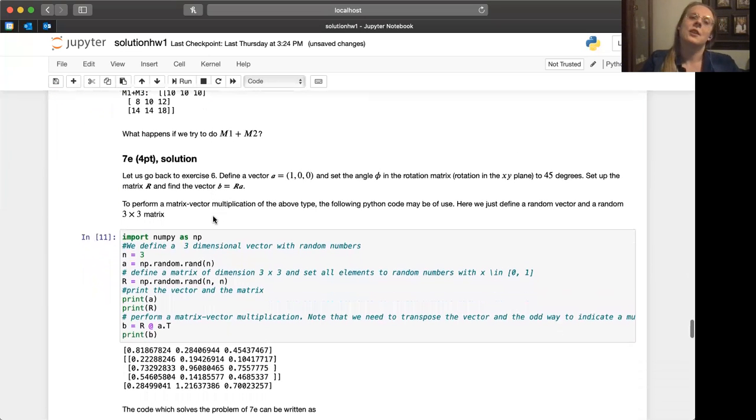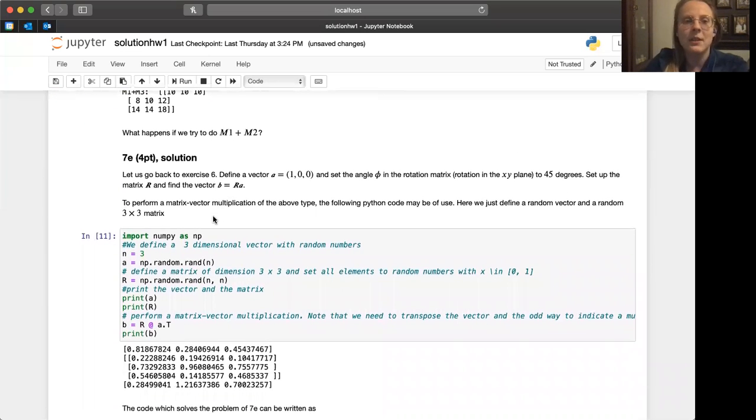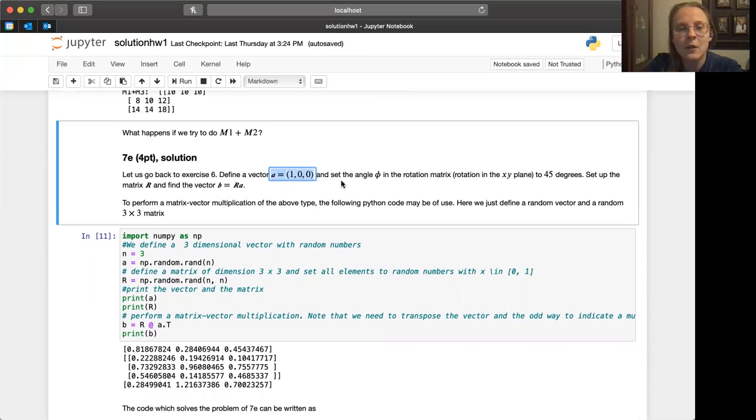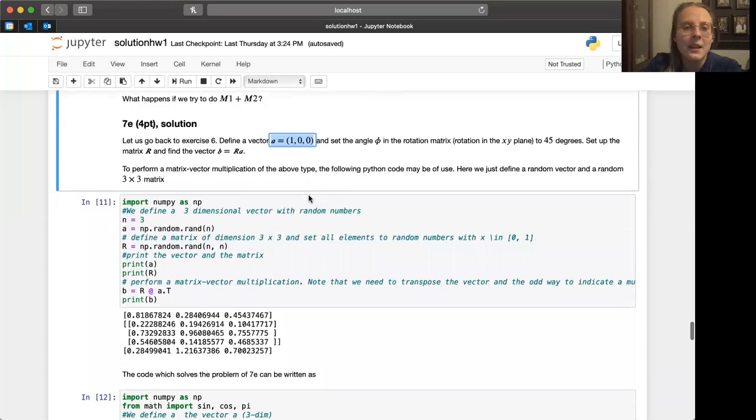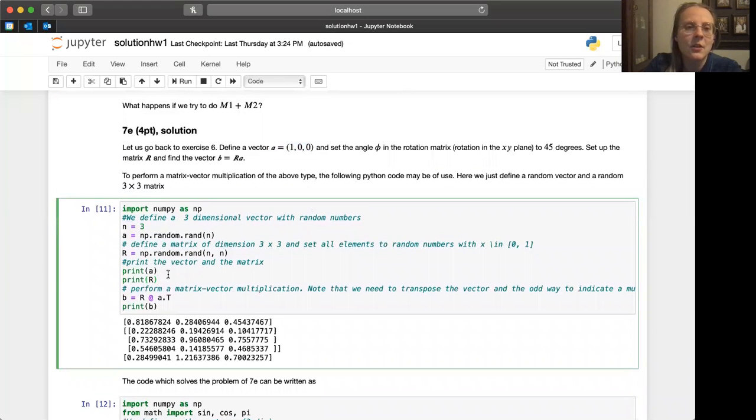So question E here wants you to take the rotation matrix that was defined in part 6 of this homework and actually code it in to rotate this vector by 45 degrees. And so the homework gave you this sort of starter code where it defines a random vector of length n and a random 3x3 matrix, and then it takes the dot product of those two.